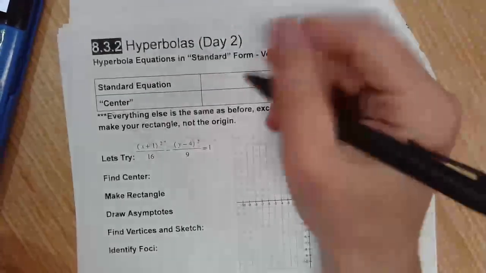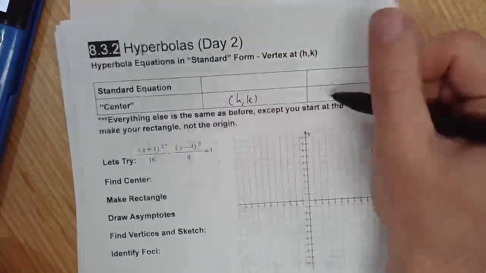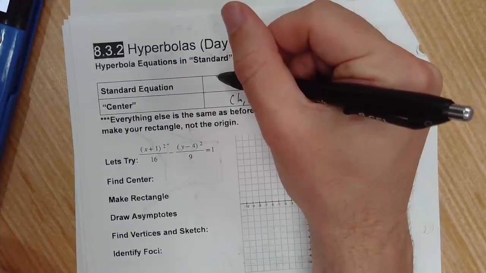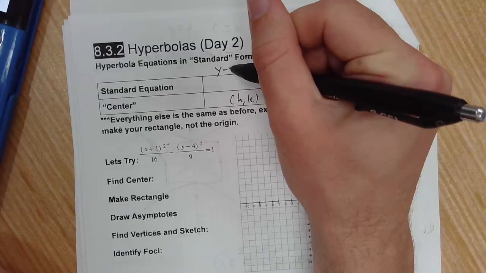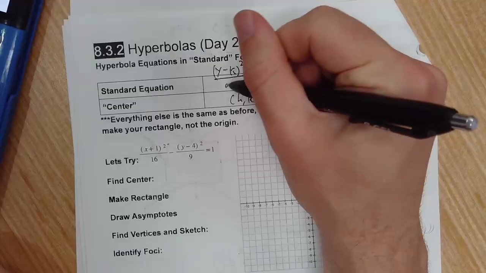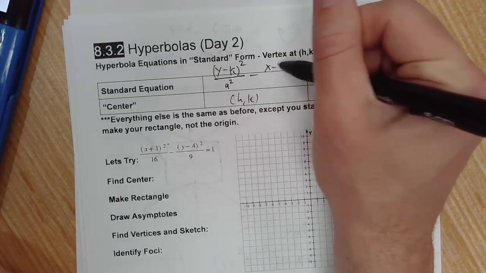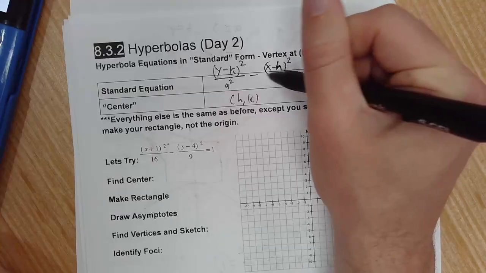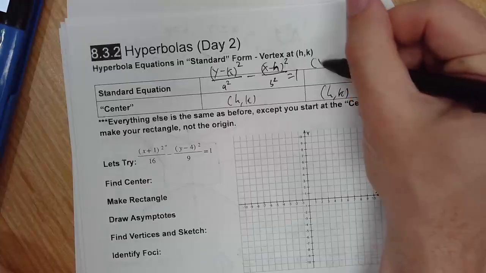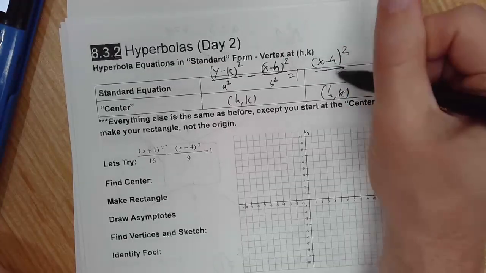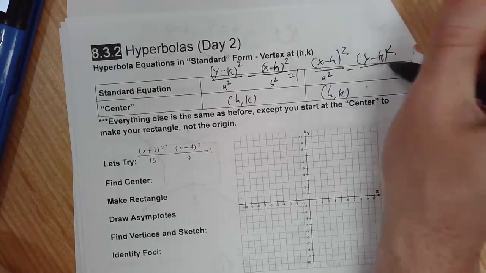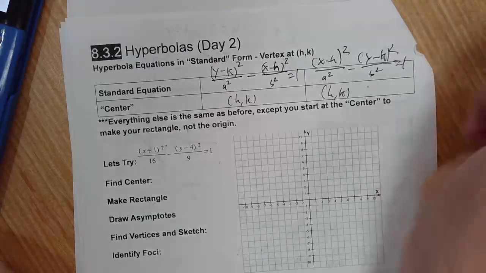So again, the center will be at h comma k for both of these, but we will have y minus k squared over a squared minus x minus h squared over b squared equals 1. Or x minus h quantity squared over a squared minus y minus k squared over b squared equals 1.